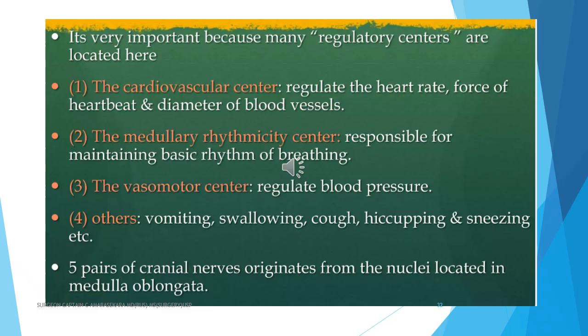The vasomotor center adjusts the diameter of blood vessels to regulate blood pressure in response to baroreceptor input from the carotid sinus and aortic arch. Reflex centers coordinate swallowing, vomiting, coughing, sneezing, and hiccuping. These are protective and homeostatic reflexes.